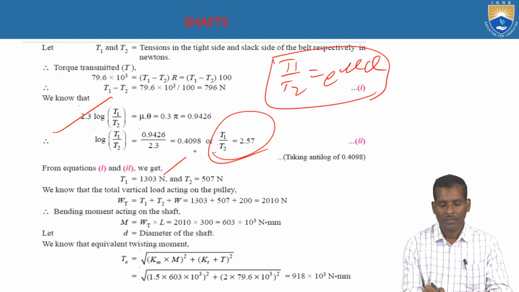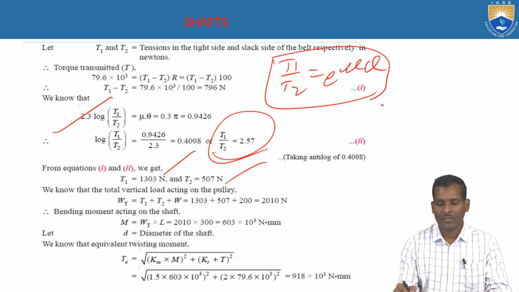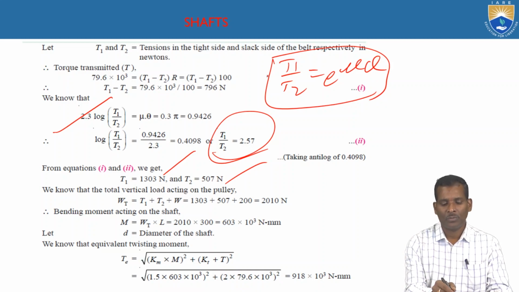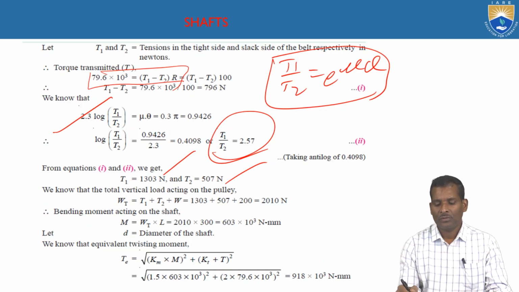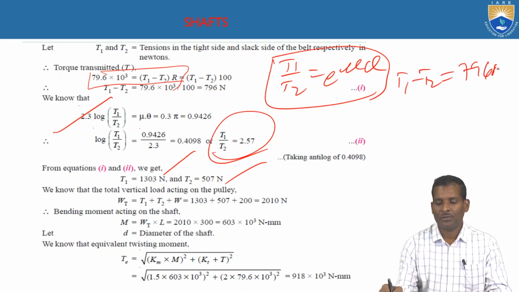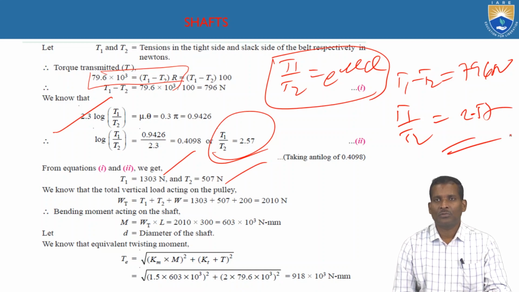T1 is 1303 and T2 is 507. So one relation is this one, and another one is P is equal to power transmitted, T is equal to T1 minus T2 into R. Clear? So T1 minus T2 is 796 newtons and T1 by T2 is equal to 2.57. So solve these two equations, you will get T1 and T2 separately.